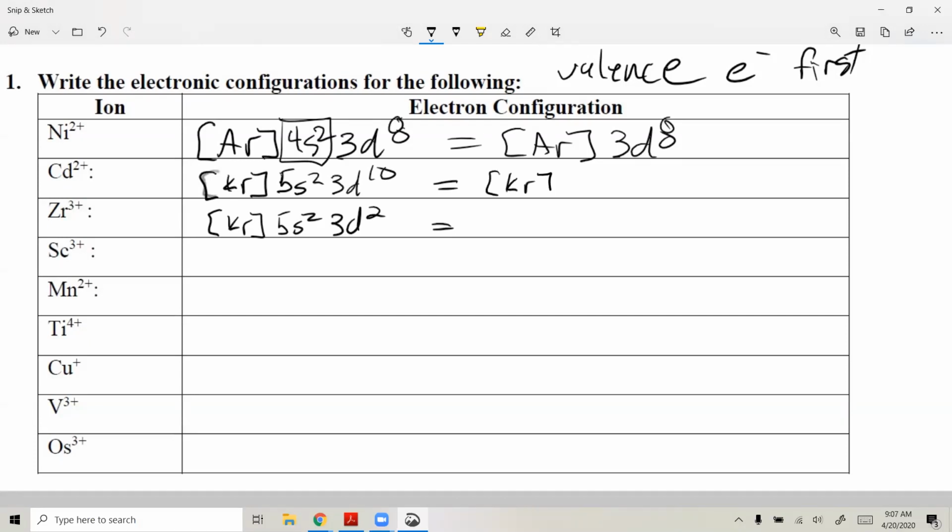And so we should be losing them from our 5s2 first. And so we should be like a krypton, but we also have 10 electrons in our 3D, or not 3D, these should be 4D. And then with zirconium, we finally start to lose some of those d electrons as well. We lose our 2 from our valence, but we go down to only having 1 electron in our d subshell as well.